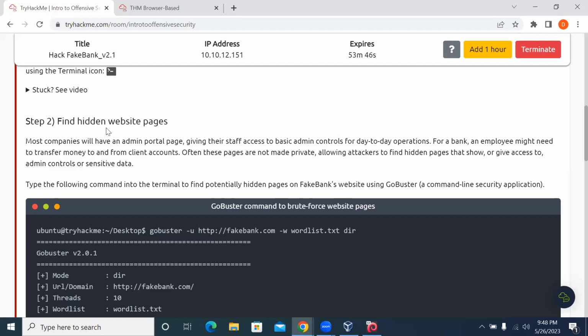They say find hidden website pages. So they are telling you most companies will have an admin portal, because what we are trying to do is, when somebody develops a website, you have several pages on the website, right?